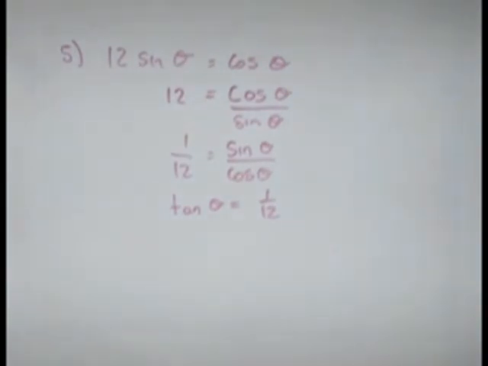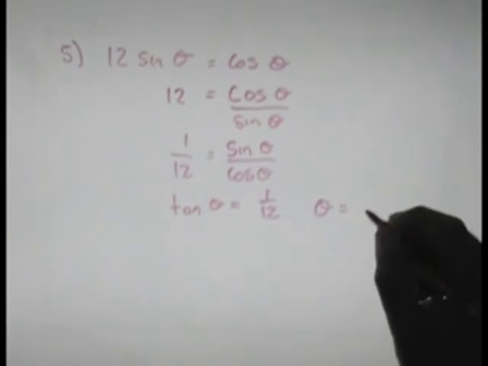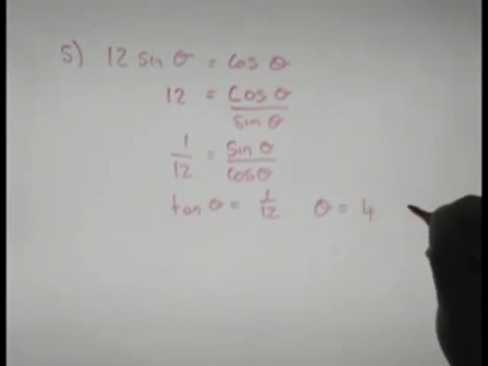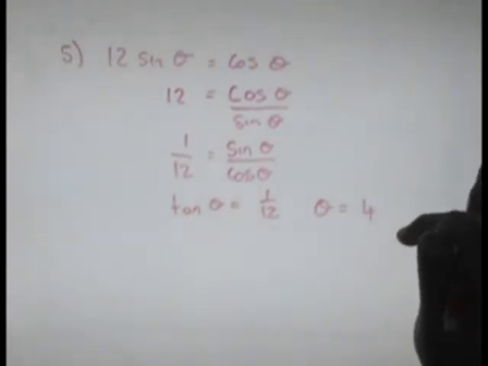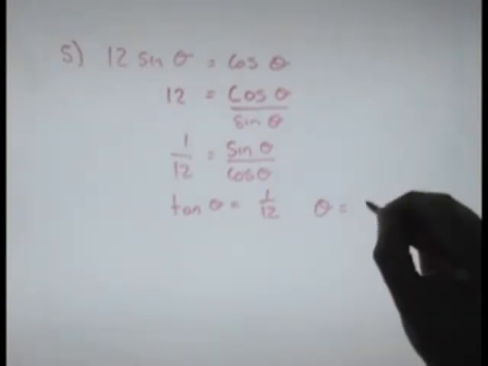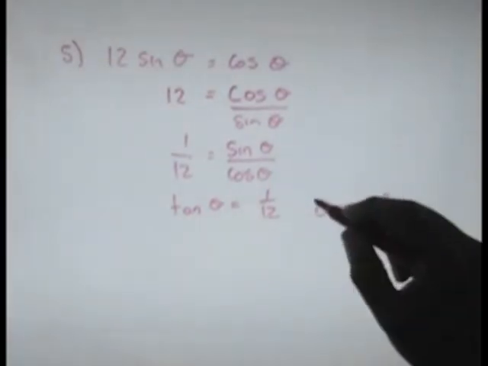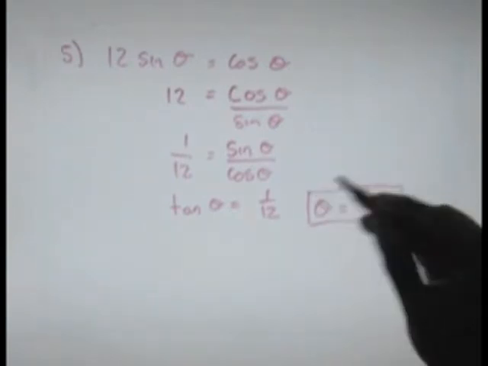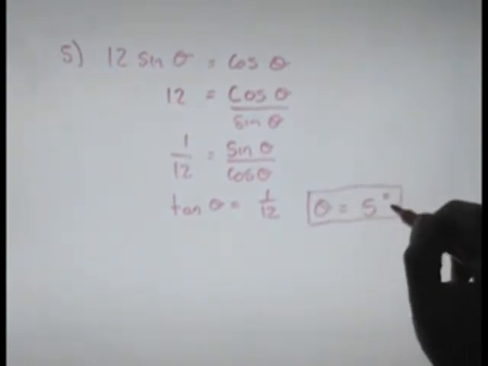If I use the inverse function tan of 1 over 12, that's going to give me an answer of theta is equal to 4.76. So I'm going to round it off to the nearest whole number, 5 degrees. That means that theta is equal to 5 degrees.